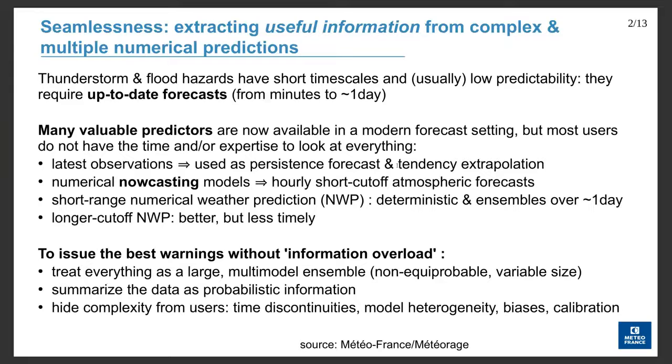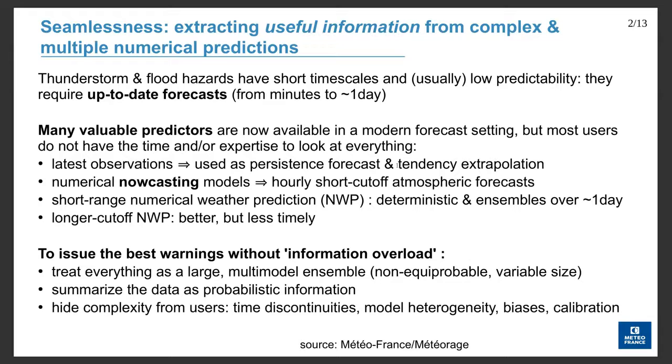That's important for thunderstorms and flood hazards, because these phenomena have short time scales, and they may sometimes have very low predictability. That means they require very fresh forecasts, so frequently updated forecasts to issue the appropriate warnings.